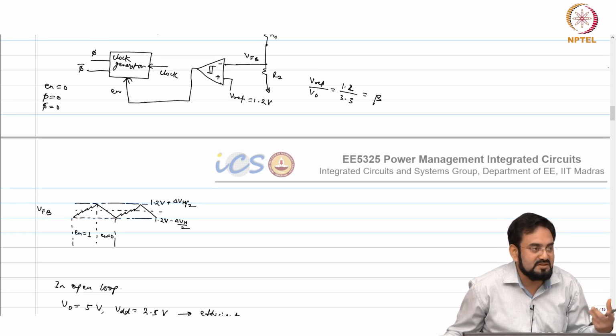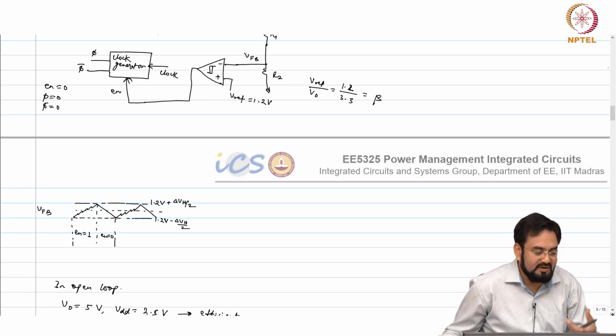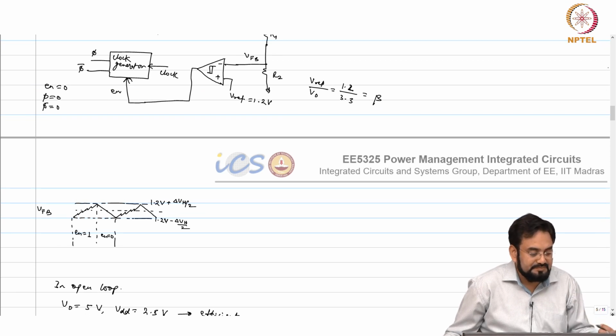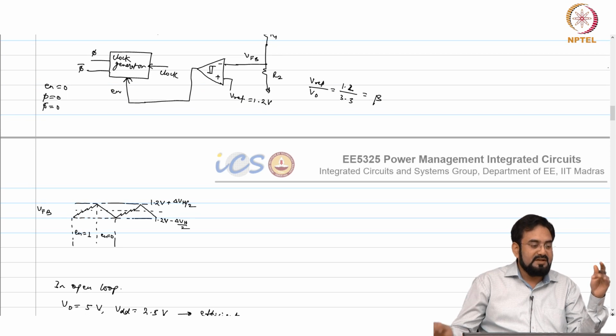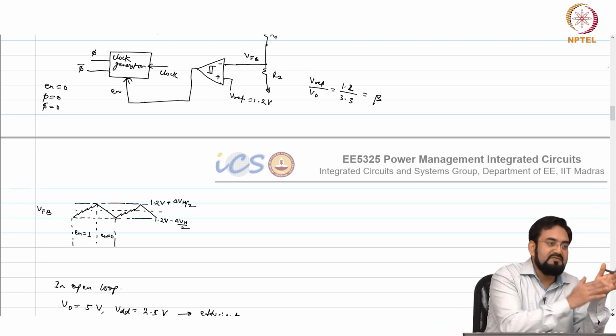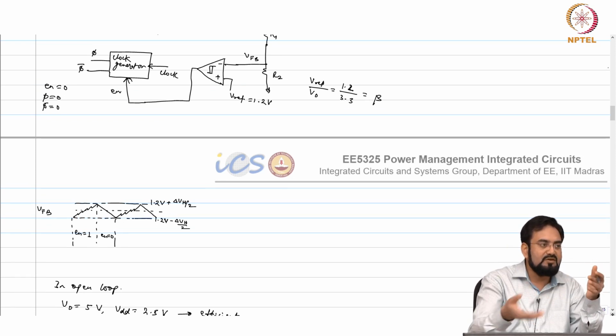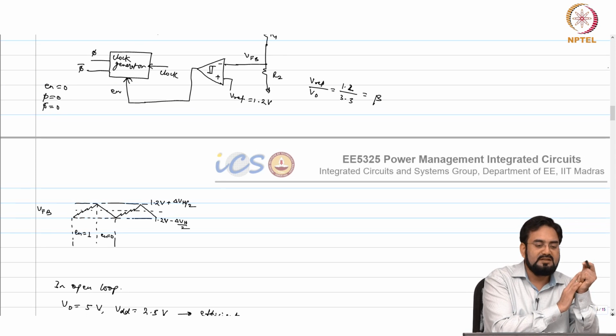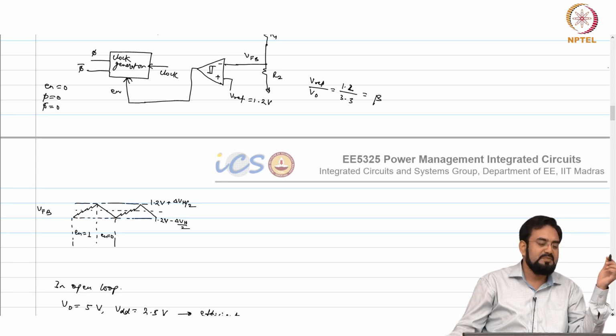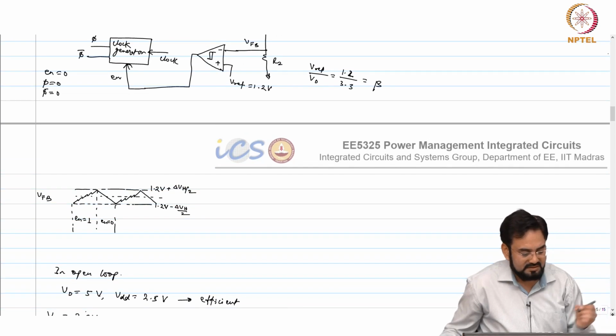It is more like a burst kind of operation, so we also call it burst mode. It will send the next burst of pulses after a very long time, which means you are switching very less frequently. So your switching losses will scale down automatically with the load current, because it is like a PFM operation.